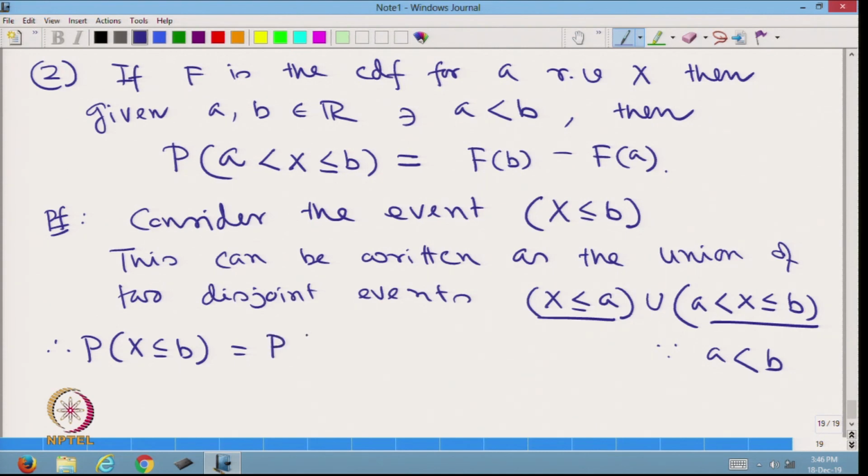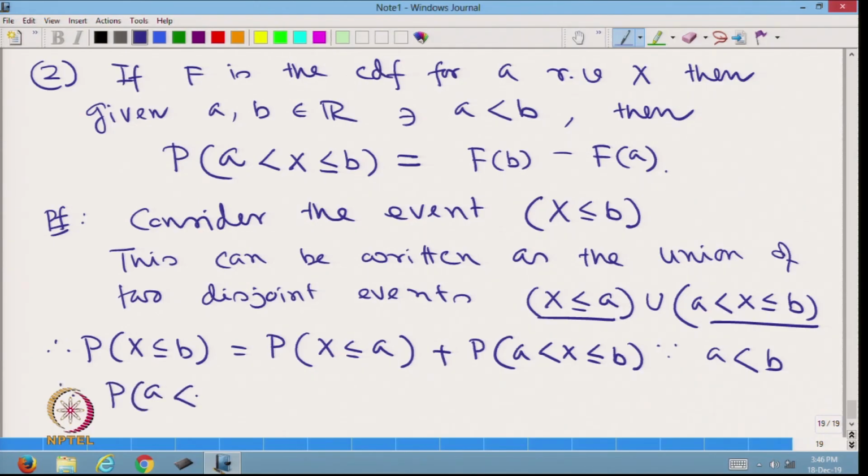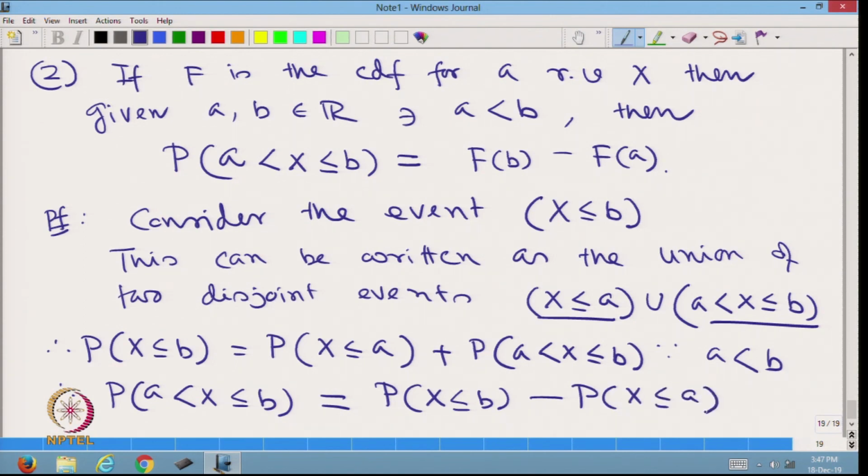Therefore, we can write it as probability X less than equal to a plus probability a less than X less than equal to b. Therefore, probability a less than X less than equal to b is equal to probability X less than equal to b minus probability X less than equal to a, and therefore, we can write it as F of b minus F of a.